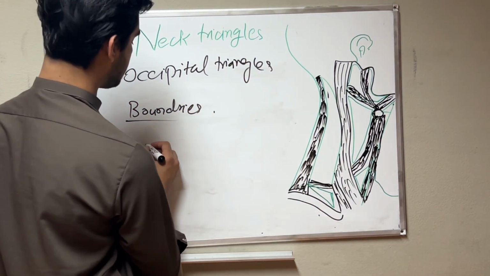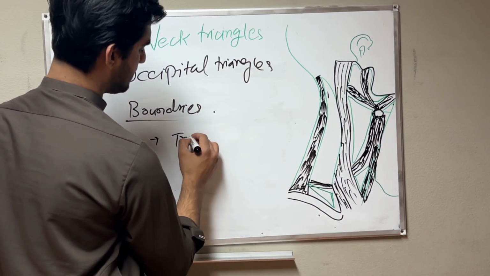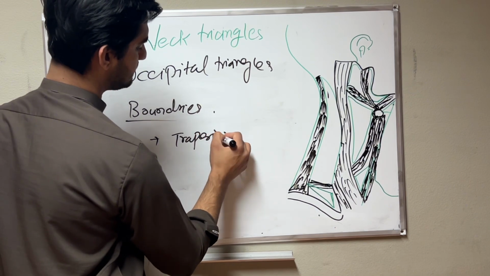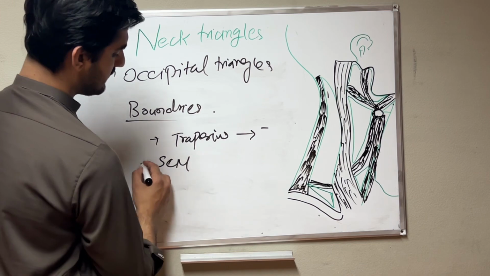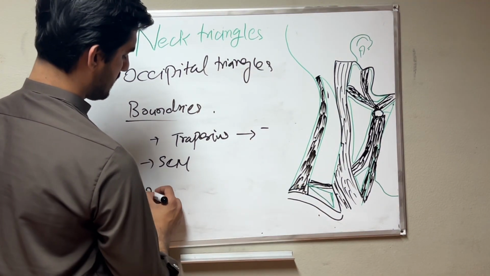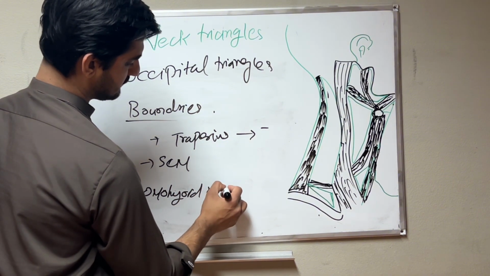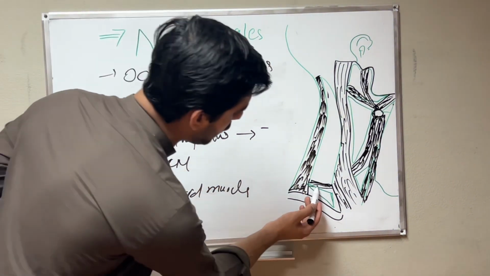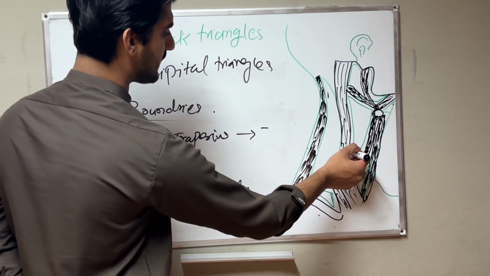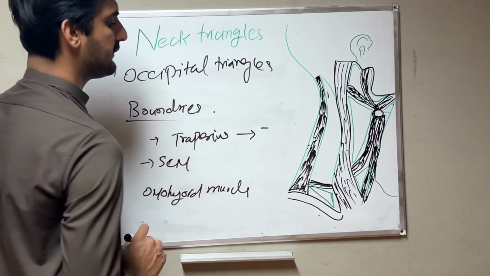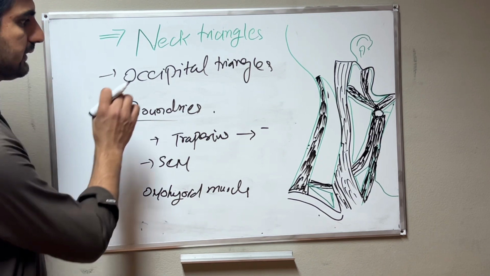In front we have the sternocleidomastoid muscle, at the back the trapezius muscle, and inferiorly the omohyoid muscle. These are the boundaries of the occipital triangle.